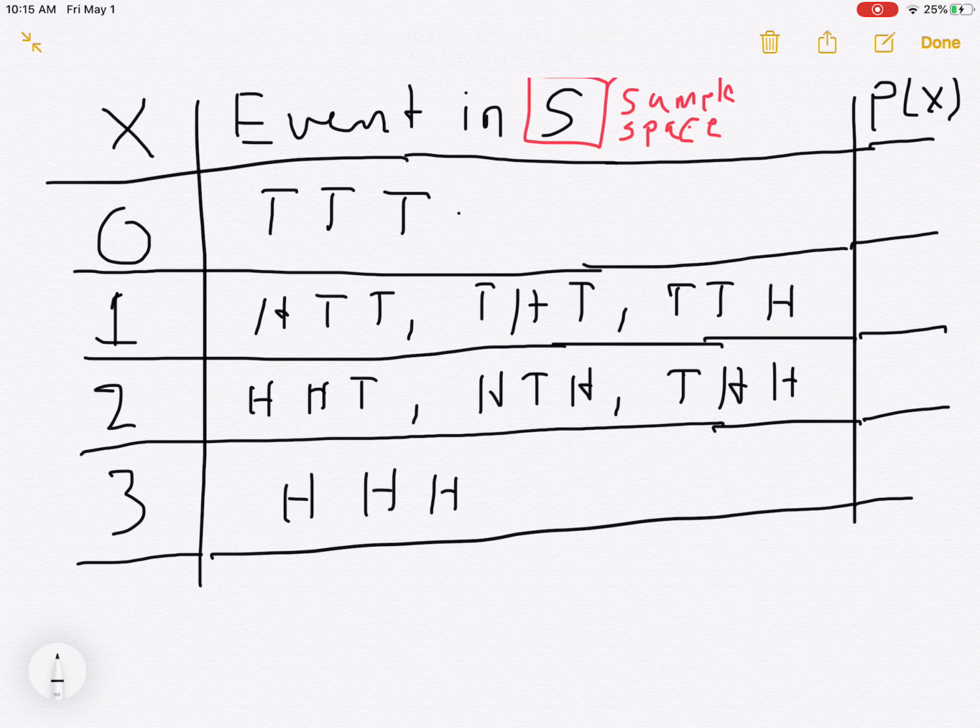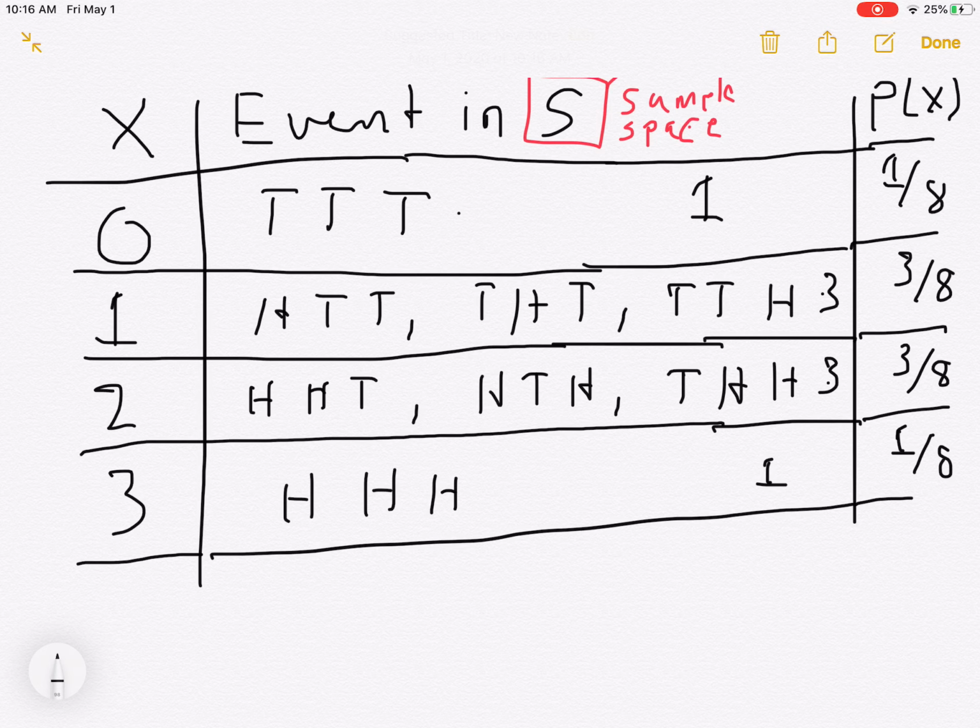So 1 here, 3 here, 3 here, and 1 here. So if I wanted to write down this probability, this would be 1/8. Okay, there's 8 outcomes when I add the 1, 3, 3, and 1 together. This will be 3/8, this will be 3/8, and this will be 1/8.